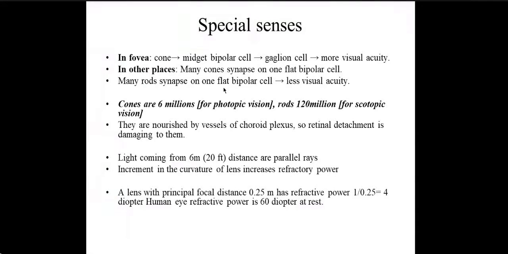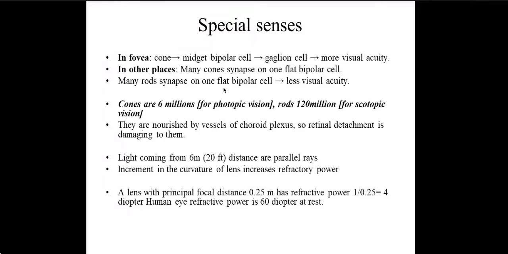Rods are for dim light vision and field of vision, and cones are used for three purposes: A, B, C. A for acuity of vision, B for bright light vision, that means vision in bright light, and C for color vision. So A, B, C are the three functions of cones.